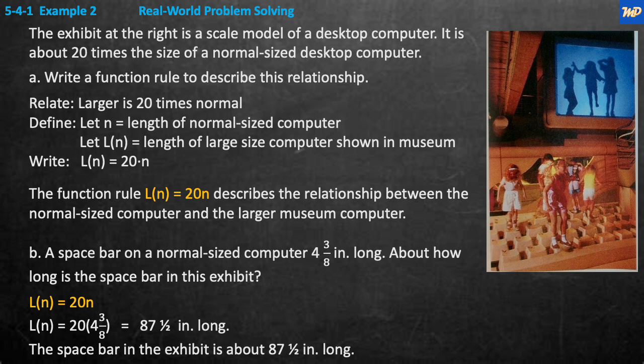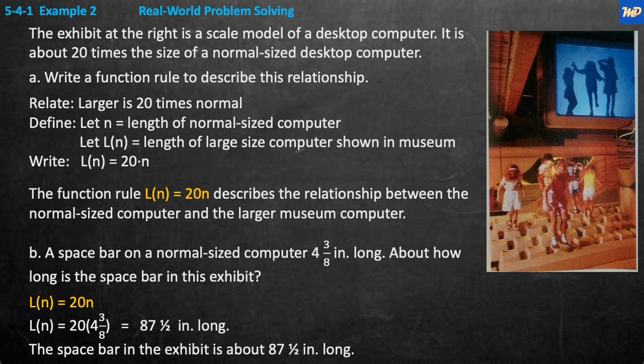Okay. Write a function rule that describes this relationship. So they just want the function rule. What is the function rule that'll give you something that's 20 times larger than what you started with? So you relate right here. Larger is 20 times the normal.